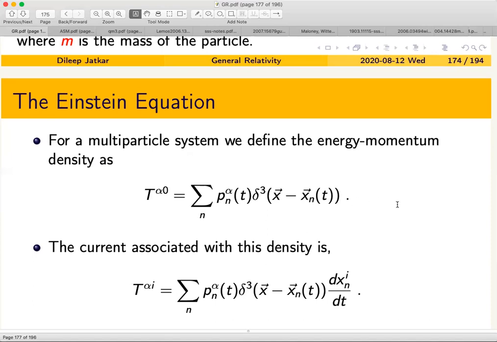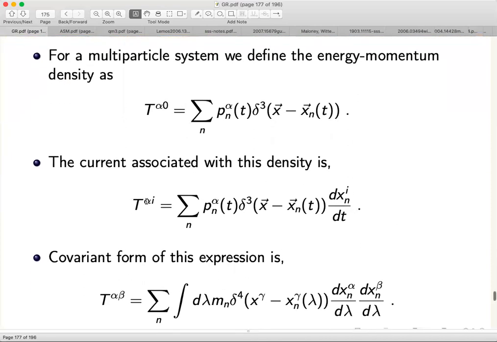The corresponding current density, T alpha i, would be proportional to the same expression times the velocity of the particle, and that is this expression. It is pretty much analogous to what we did for the charge density and current density for the electromagnetic field for the charged particle.